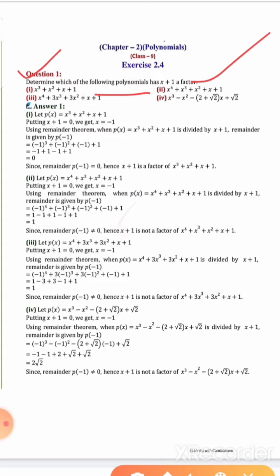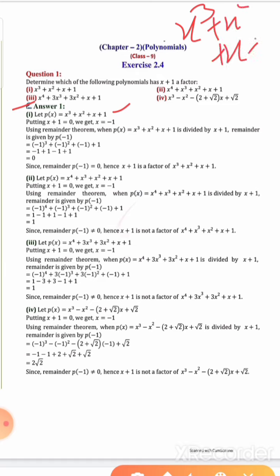For that, in question number 1, we write our polynomial in the form of the variable x. Let p of x be equal to x cube plus x square plus x plus 1. We have to find whether x plus 1 is a factor of this polynomial.